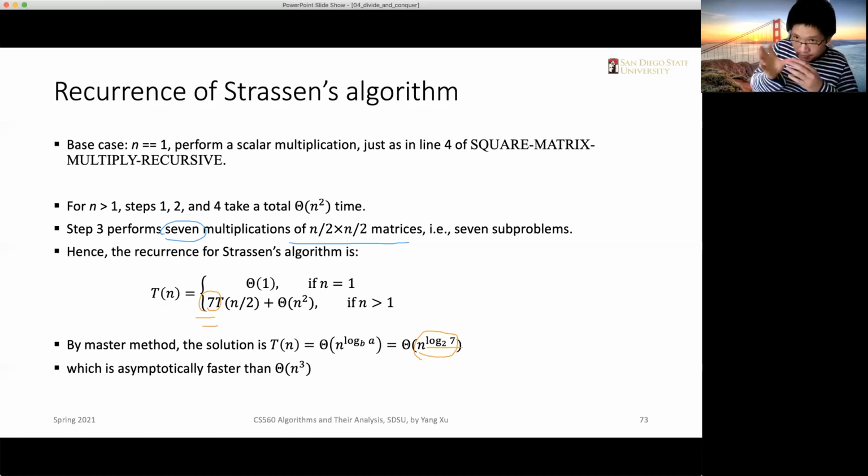The difference may be small, but it will be a very significant improvement if we have very large matrices to multiply. Nowadays in modern machine learning applications, we have matrix multiplications everywhere. The performance improvement provided by the Strassen algorithm is quite significant when we have large n's.